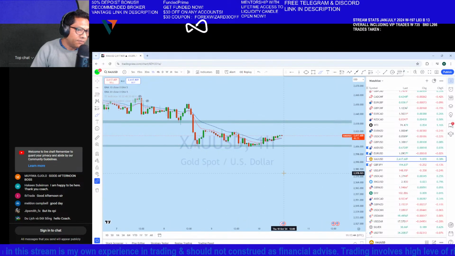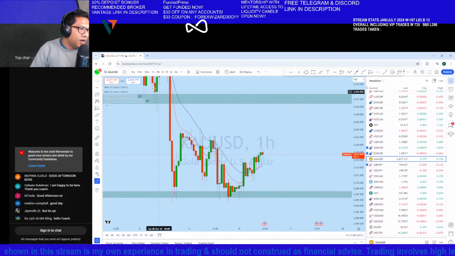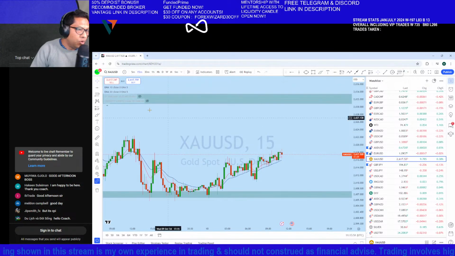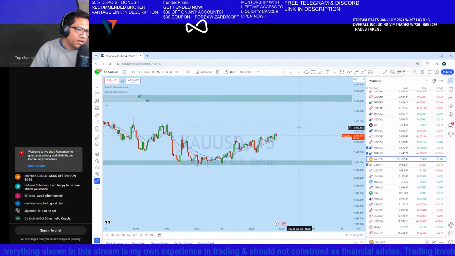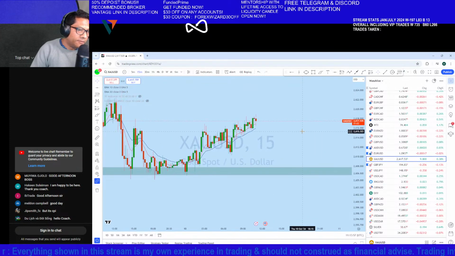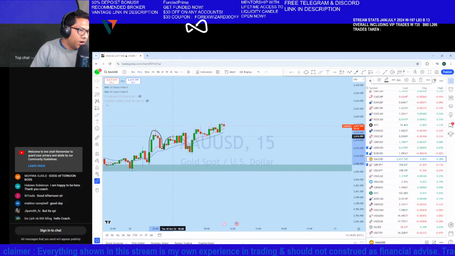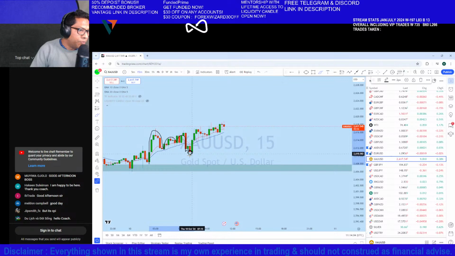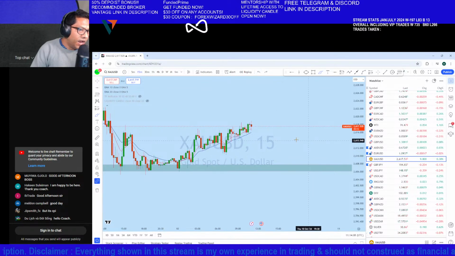from a long-term perspective. Now looking at the lower time frame, on the 15 minutes, from a day trading perspective, we can see an impulse on XAU USD, and the market is currently in a pullback.